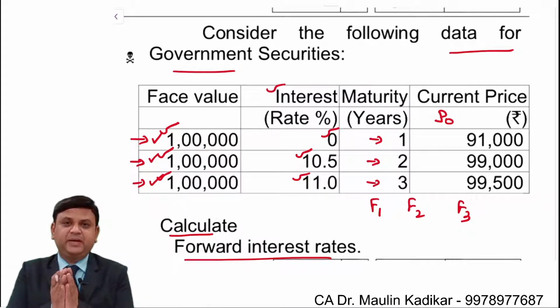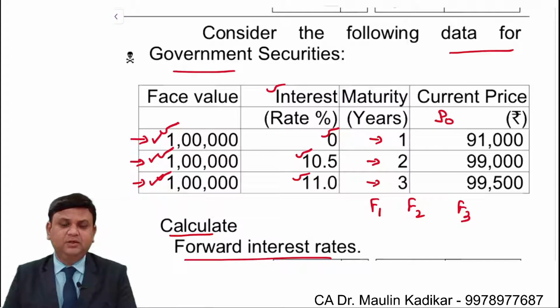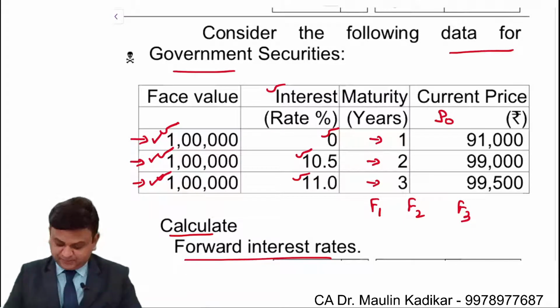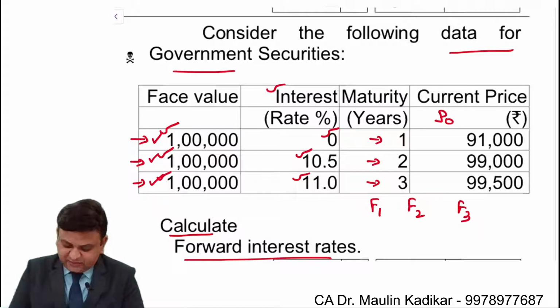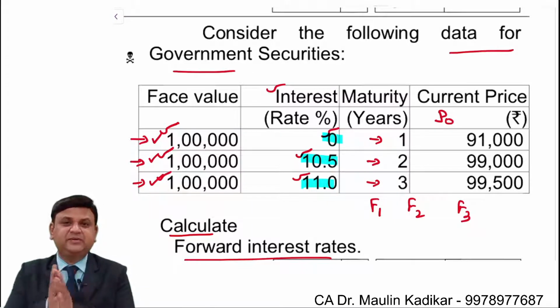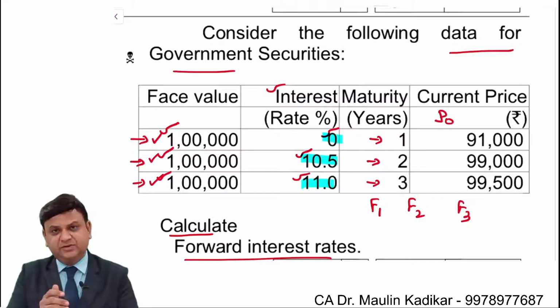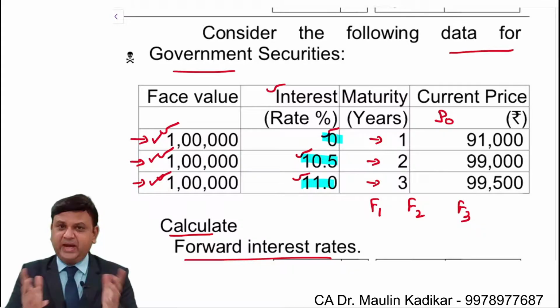Now friends, here we have to understand an important point: whatever the rate of interest is, that itself is not the return. In earlier examples, the rate of interest itself was the yield to the investor, the return to the investor. Why?